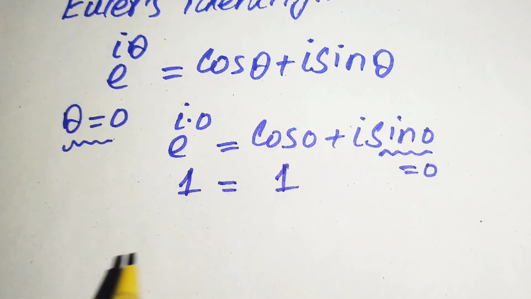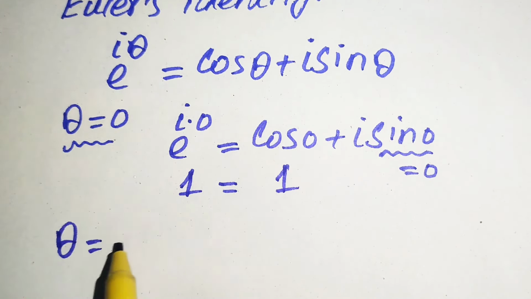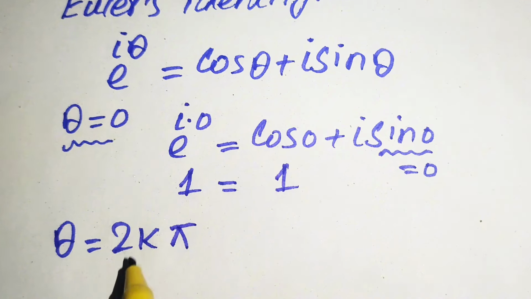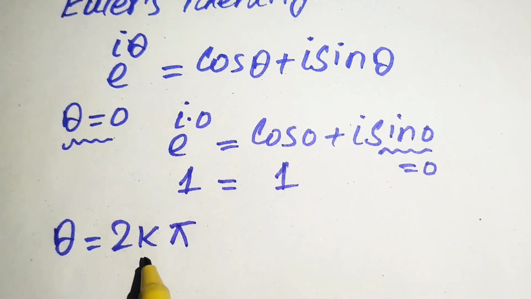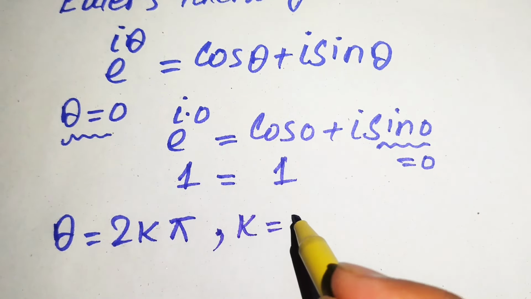Now we take the general value of theta, theta equals 2k pi. We suppose the value of theta in this form 2k pi, where k equals 1, 2, 3 and so on. These are natural numbers, so we suppose k is any natural number.